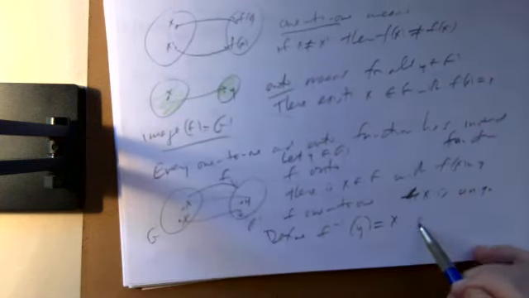And f one-to-one means x is unique. If you have a different element in G, it can't get sent to y, it goes to something else. So for every y, there's only one element x in G such that f of x equals y, and we define the inverse function, f inverse of y, to be equal to that unique element x such that f of x equals y.